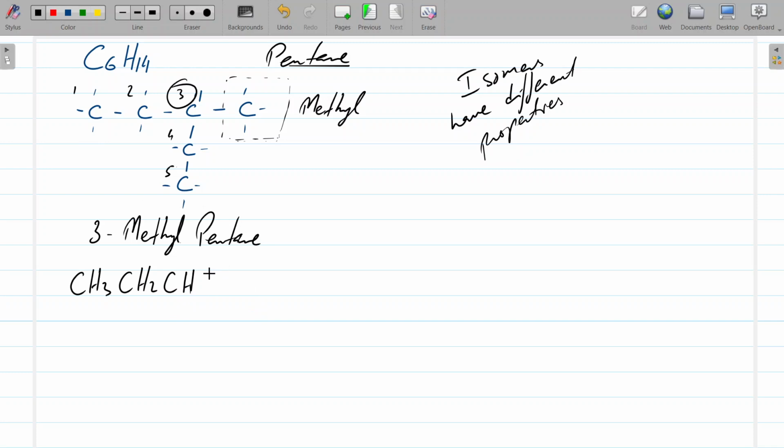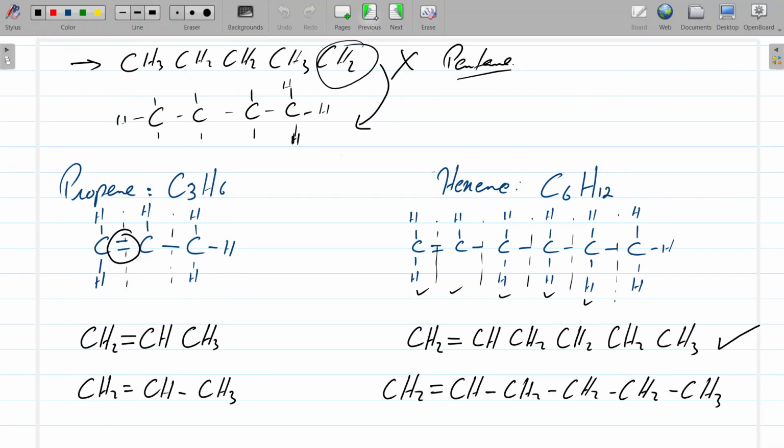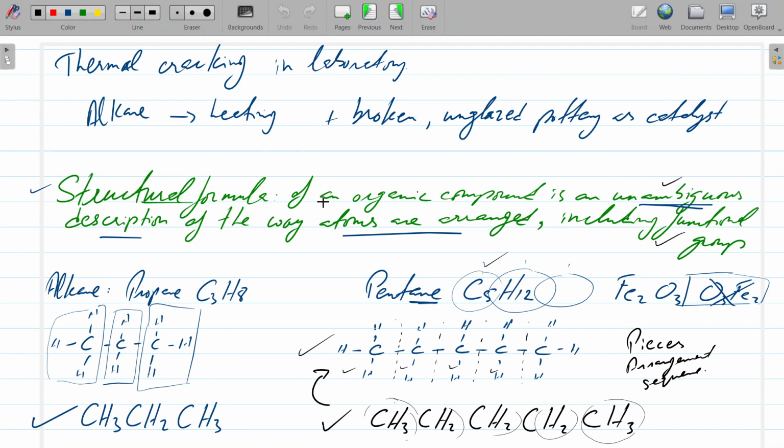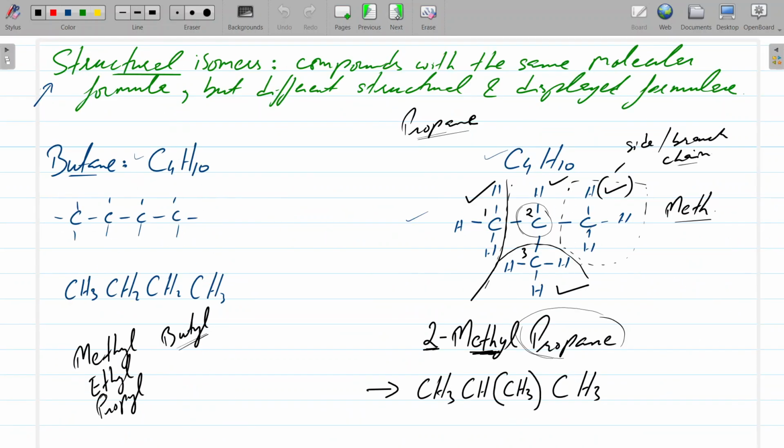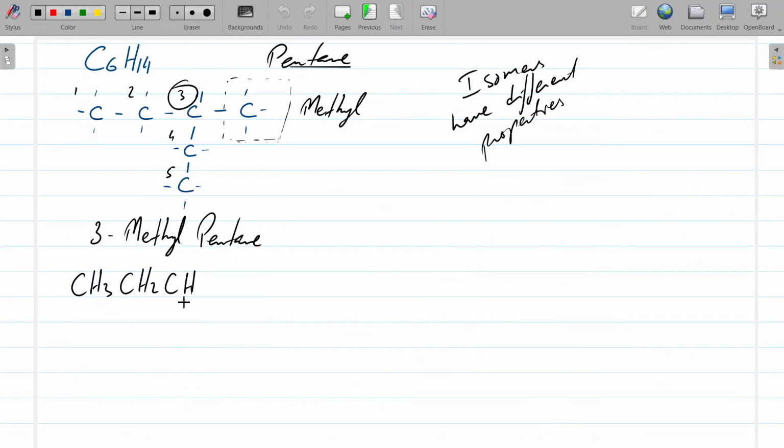So CH, and then the side group, because the side group is attached to the third carbon. So remember, the structural formula needs to be an unambiguous description of the way the atoms are arranged. And so you need to make clear in your structural formula that the side group is attached to the third carbon. First you write the main chain, so the CH, then you put brackets, CH3.